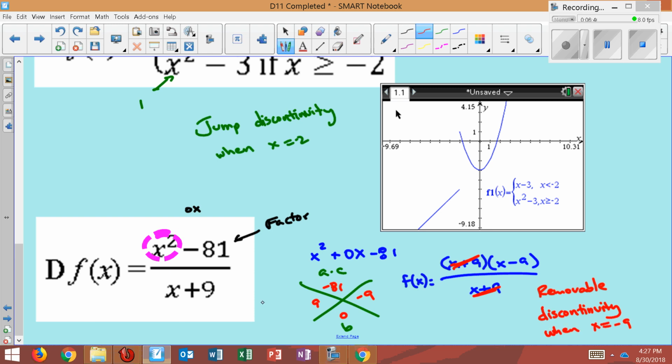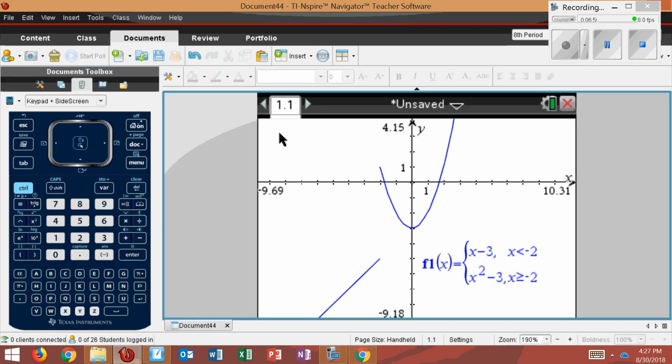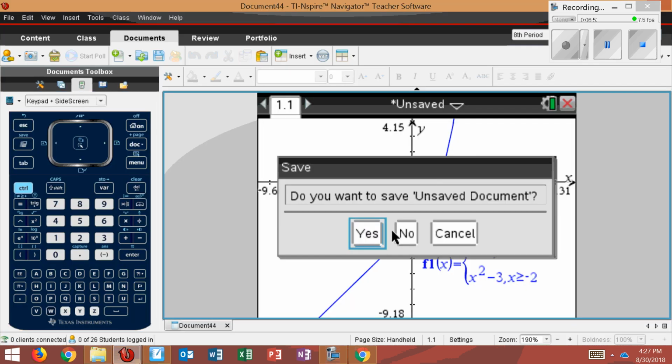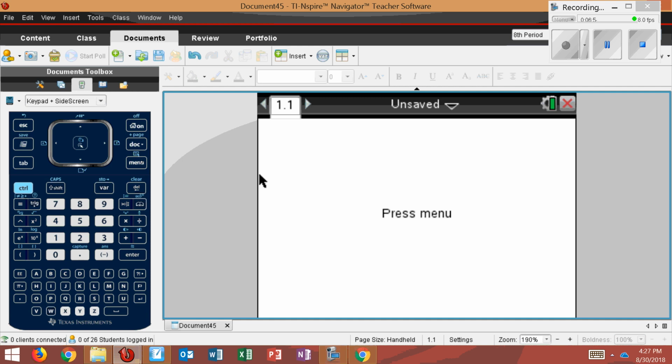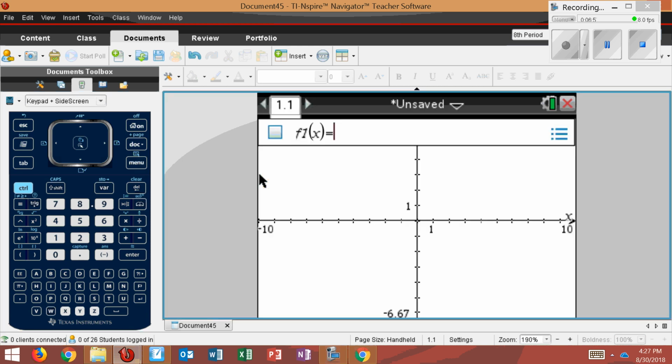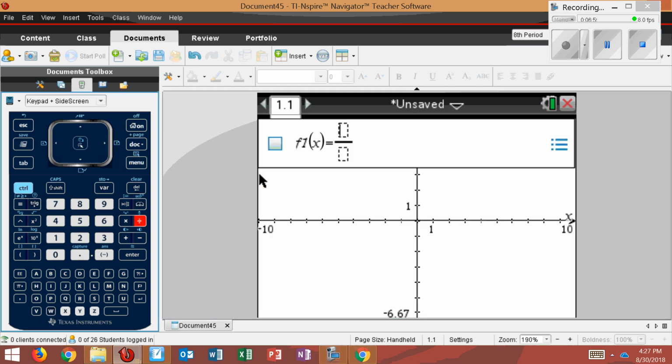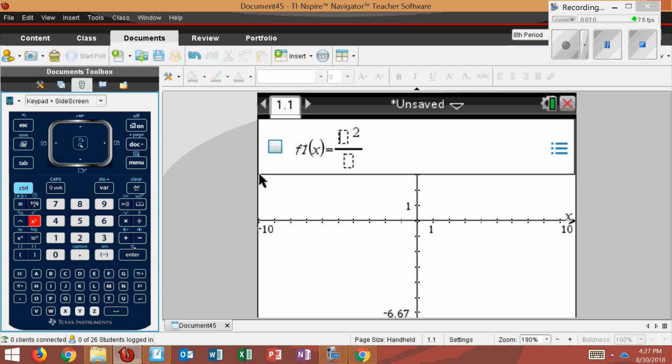Now if you graph that, you wouldn't see it on the graph, but where it would come up is on the table. So I'll go here and I'll graph this. x squared minus 81 over x plus 9.